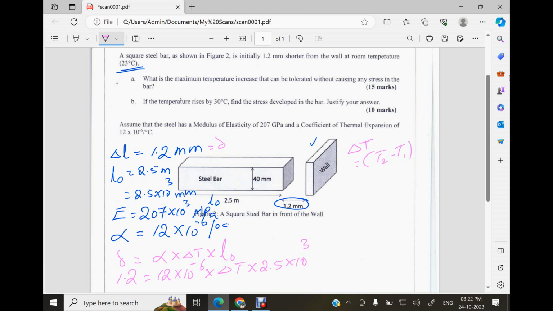So if I bring everything onto the left side and take all the values, I will find the value of delta T. This is the only unknown over here. You make the calculation, and delta T comes out to be 40 degrees Celsius.